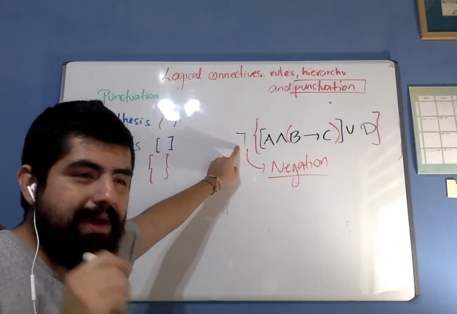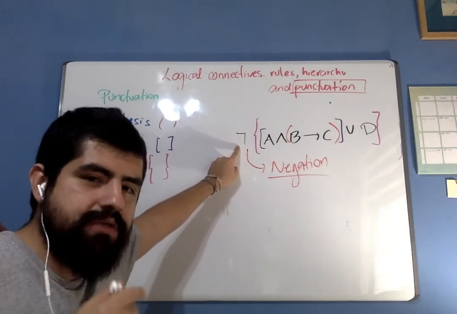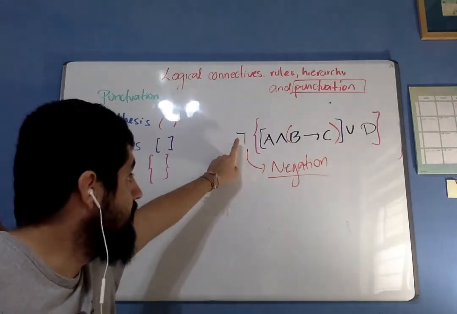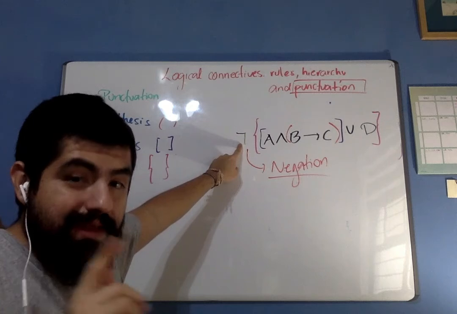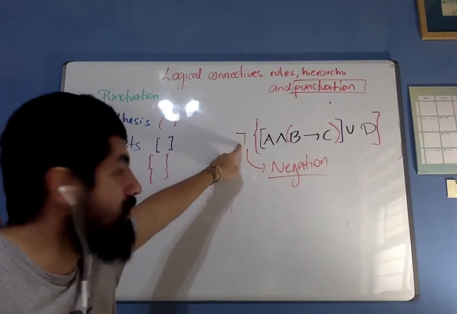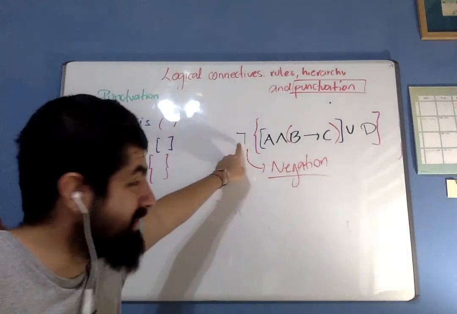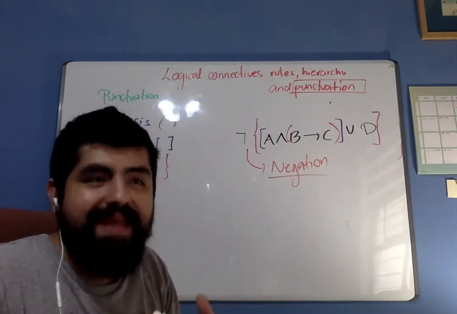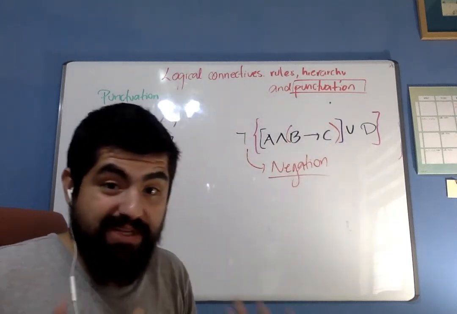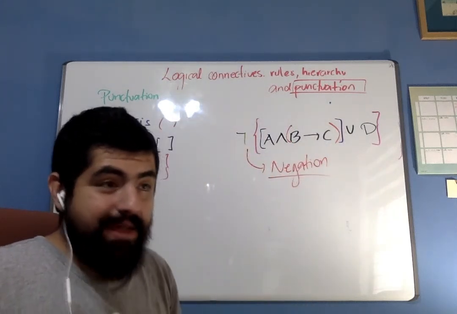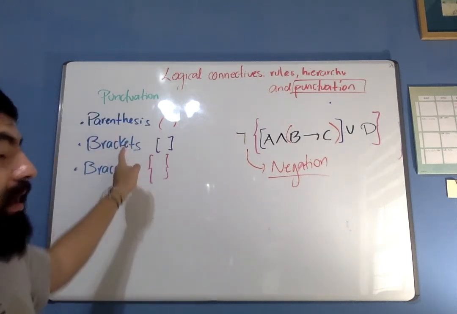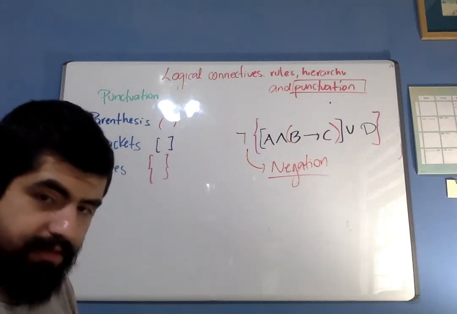Why? Because remember that the negation inverts the value. I hope that you are seeing this: the negation is going to change the value of this inclusive disjunction.